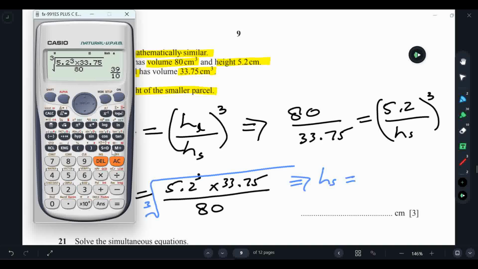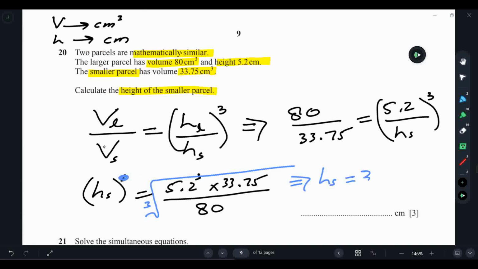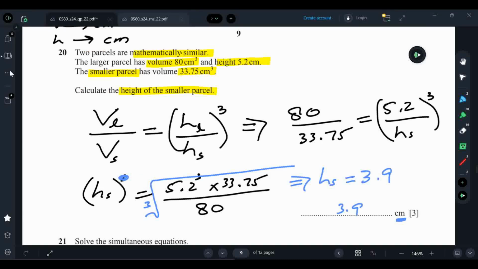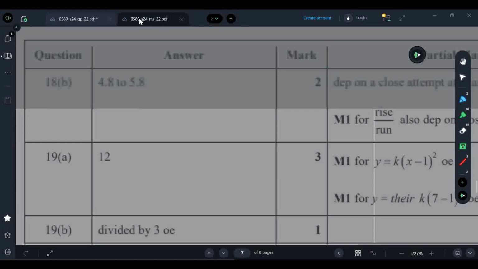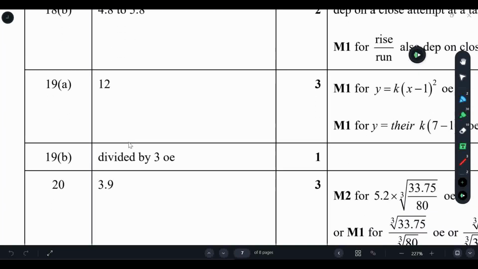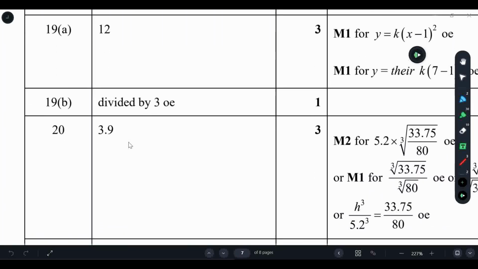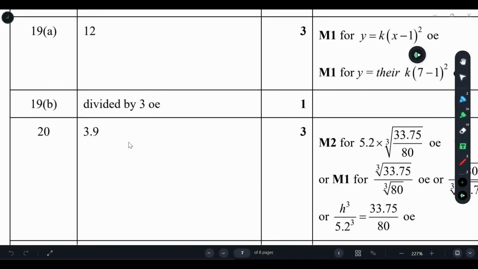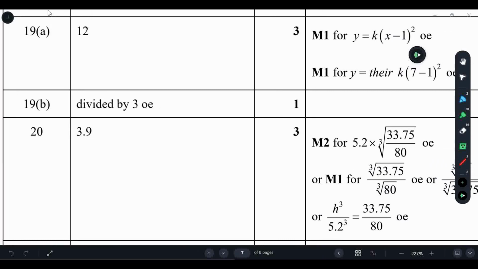So this will be equal to 3.9. So 3.9 will be the final height for the smaller parcel, 3.9 centimeter. Be very careful about the units over here. It's the same, so we don't need to convert it further. So 3.9 should be the final answer. Let me check it over here, 3.9. I hope that the concept is clear and the marking scheme is visible to all of you.